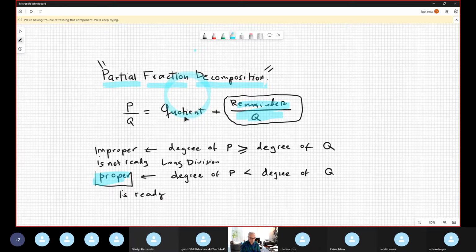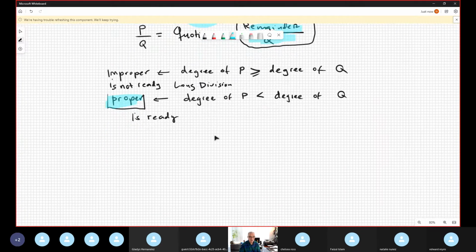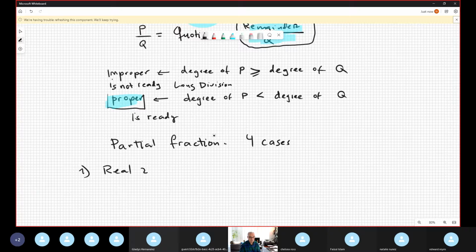What is the most typical partial fraction decomposition? We have four cases. The first and most important is when the denominator polynomial has real zeros, non-repeated.